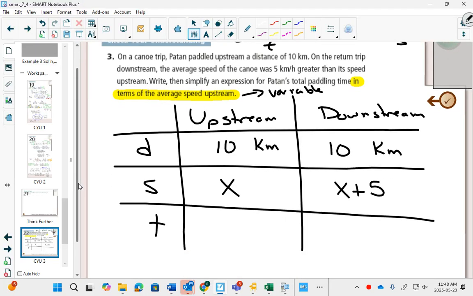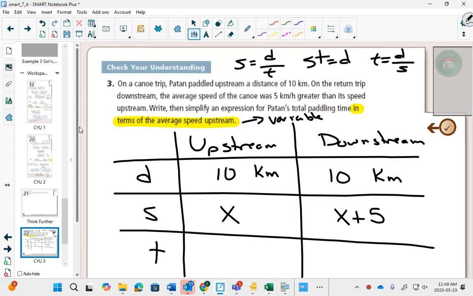And this is where the formulas come in, once we get to time. I don't know the time either, but I know from my formulas I would use this one. Time is always distance divided by speed. Do I know the distance? Yes. Do I know the speed? Well, no, but I have a variable there, so I can write my time as distance divided by speed, and the time here will be distance divided by speed.